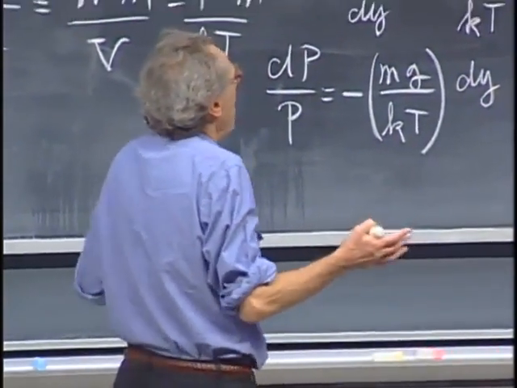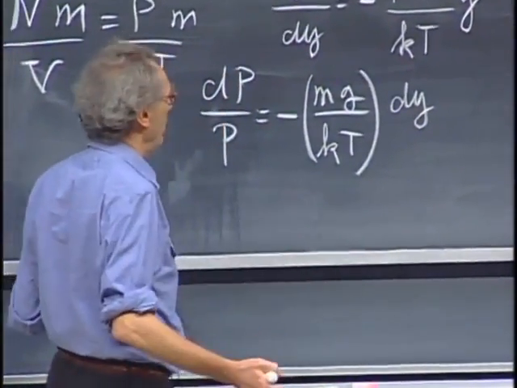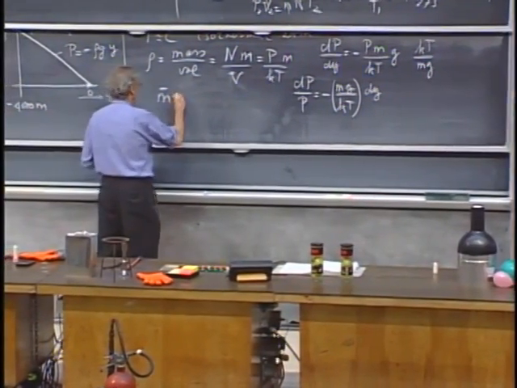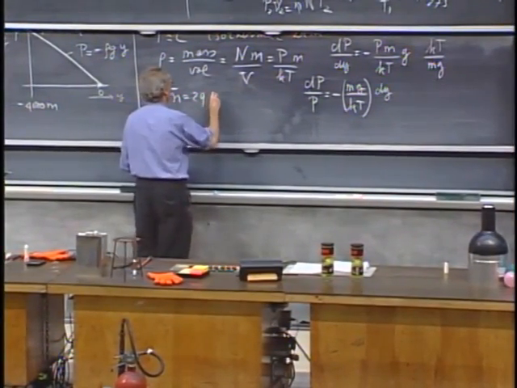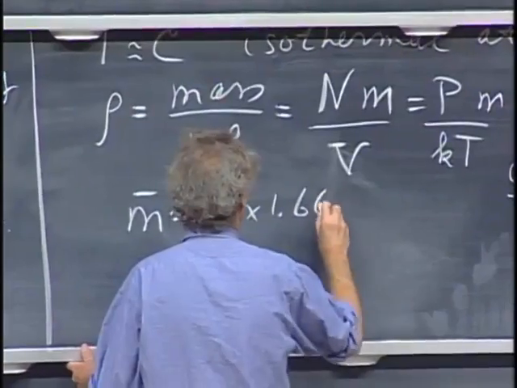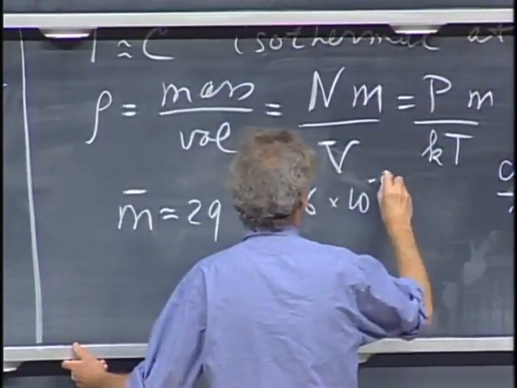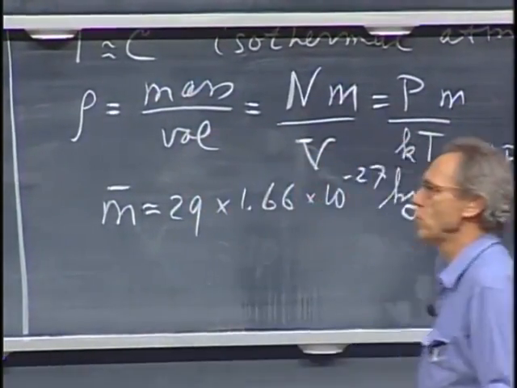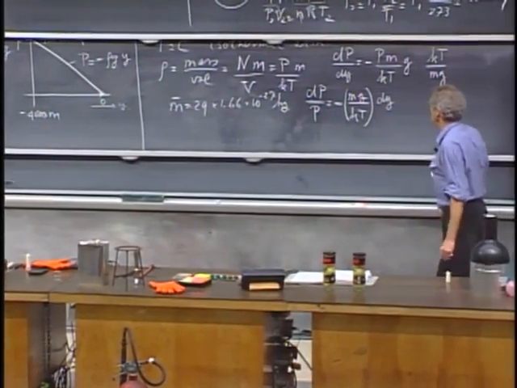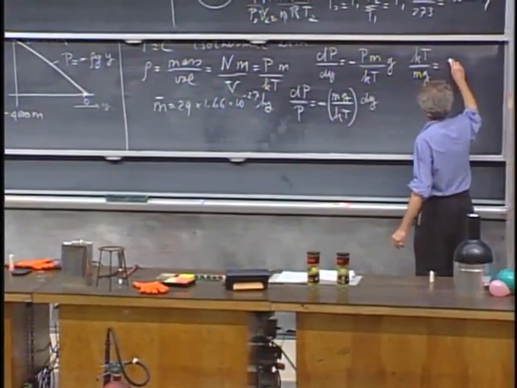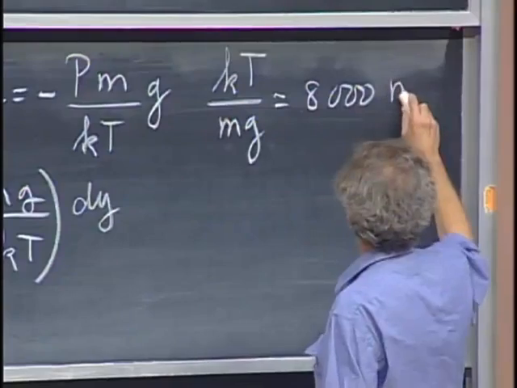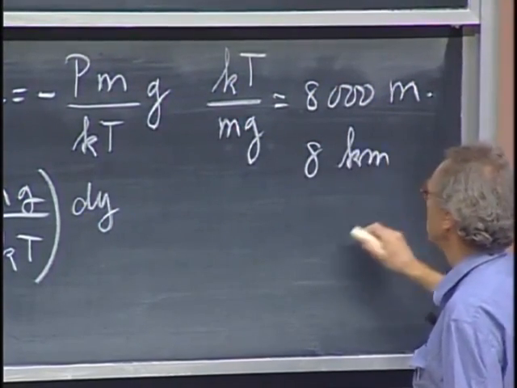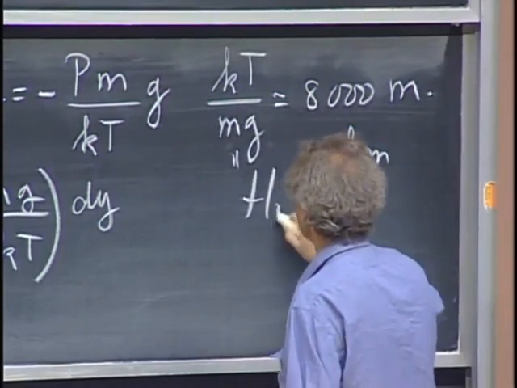So take 29 as a reasonable atomic mass number for a mean mass of an air molecule, and so you'll get roughly 29 times 1.66 times 10 to the minus 27 kilograms. And you stick that in that equation, you can't be too far off. And what you find is that this is 8,000 meters, has the unit length, or it is 8 kilometers. And we call this H0.